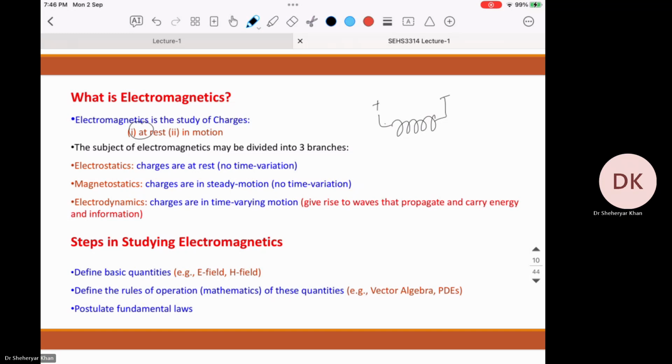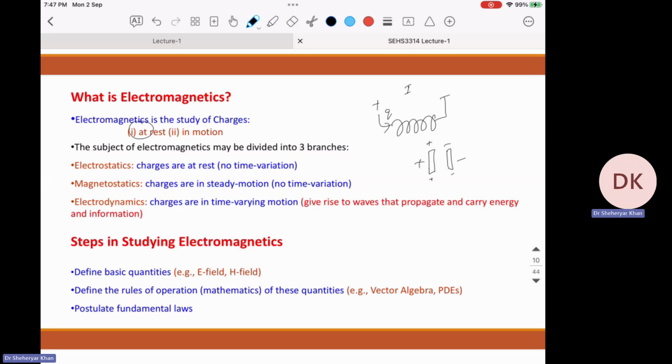Now, so we have two conditions here. Charges at rest, that means you have a positive plate here and a negative plate here, and those plates will store the charge, a capacitor. So now there's no current. Current is zero, so we say the charges are at rest.